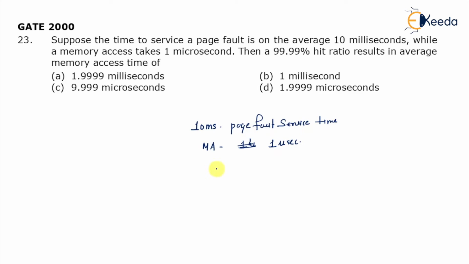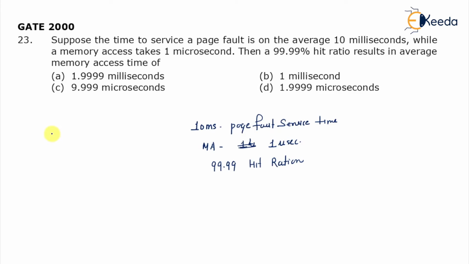A 99.99 hit ratio results in what average memory access time? This hit ratio is related to the page fault in this particular case.